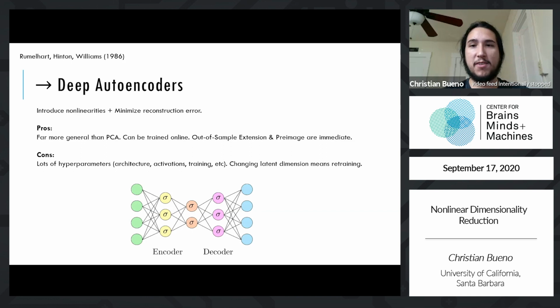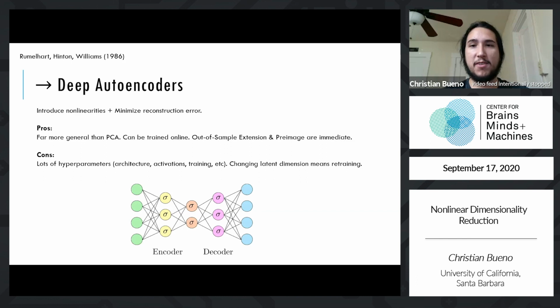The good thing is it's more general than PCA. It can be trained in an online fashion, though there are variations of PCA that do that too. It automatically has an out-of-sample extension, and it automatically does this pre-image thing where you can decode it. Those are great things. The problem is, of course, you have to pick the architecture, the activation, all those other things, and how to choose the best one for the job is not always clear.